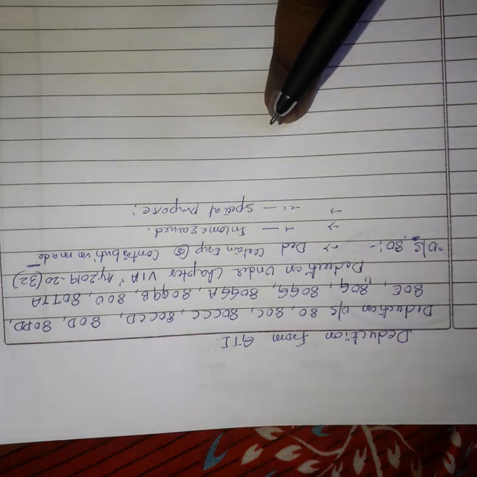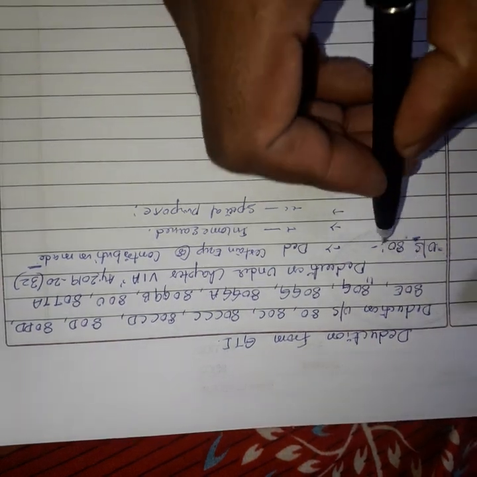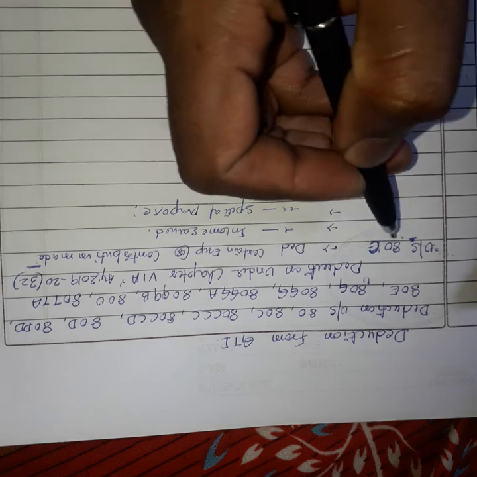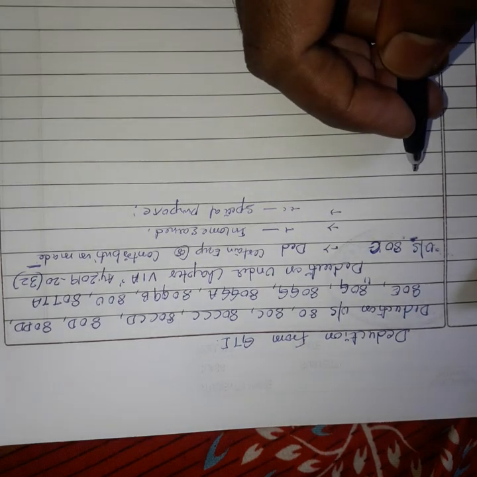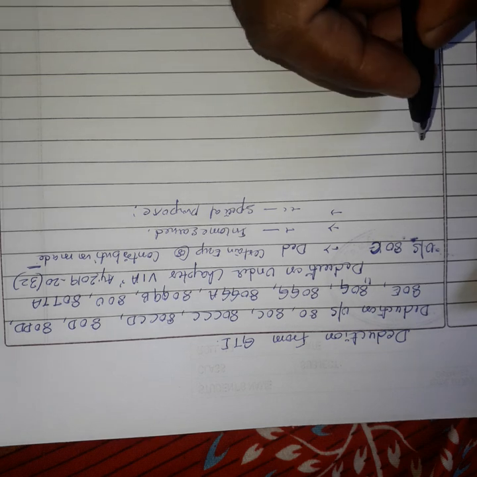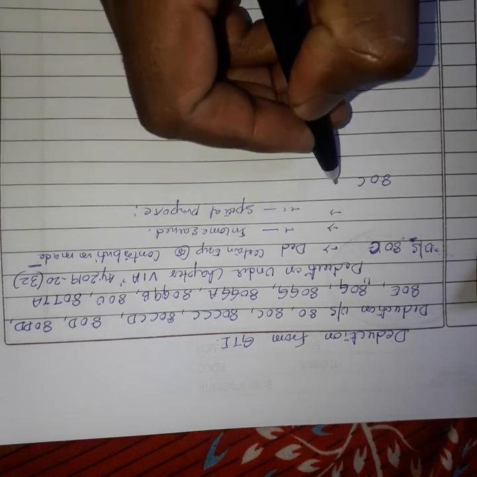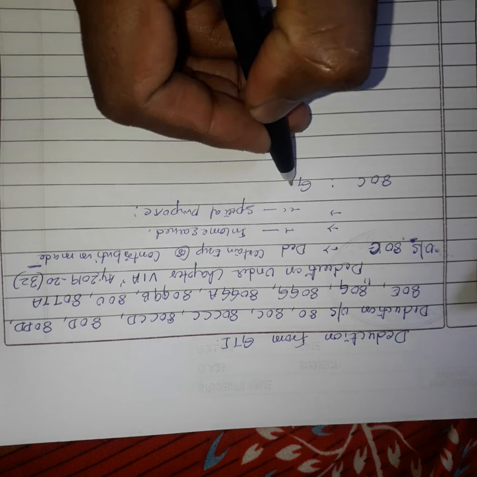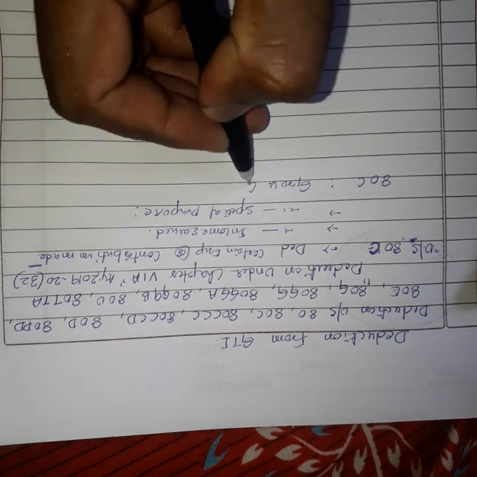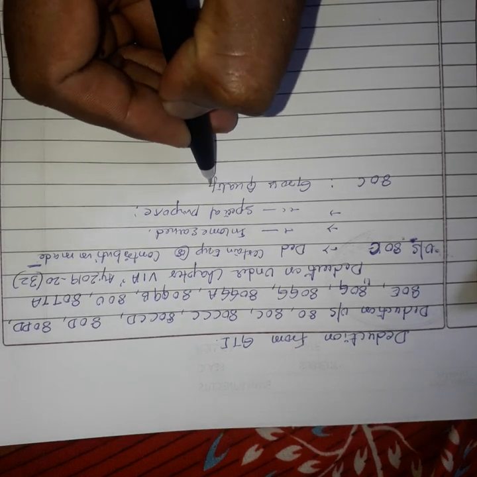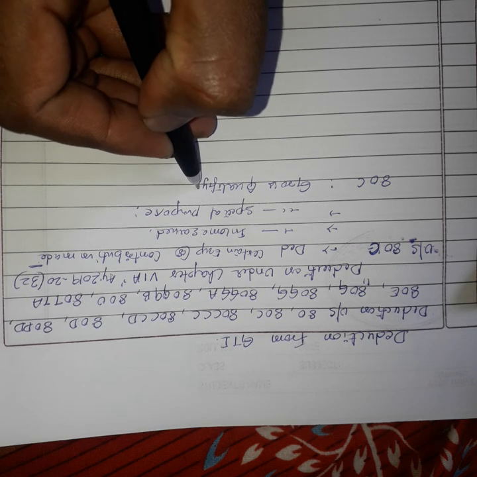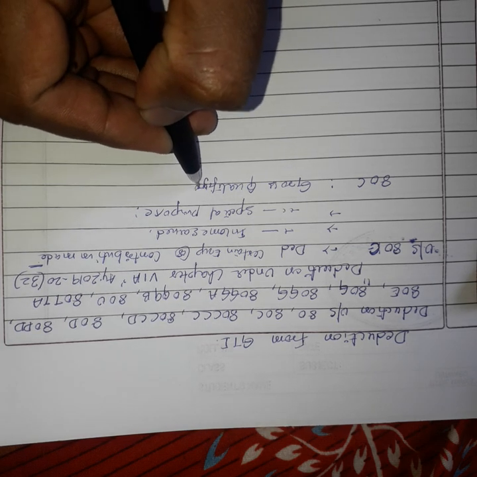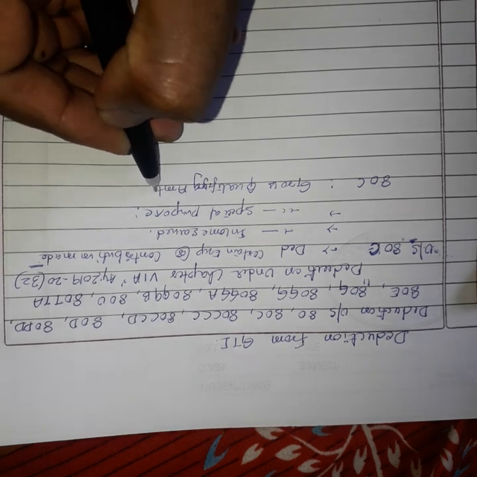In 80C, conditions should be fulfilled. Step 1, gross qualifying amount.